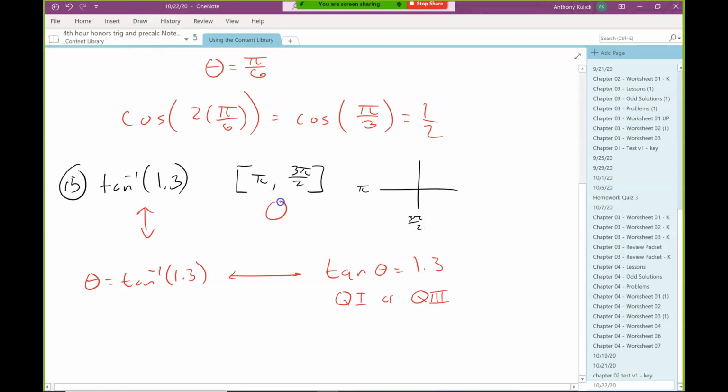So this interval that we're looking at is also quadrant 3. Is that okay with you so far, Teresa? So the angle that I'm looking for is this one. Okay with that?